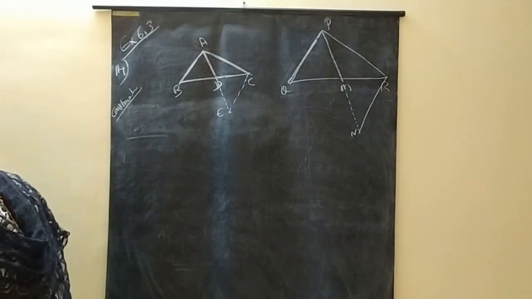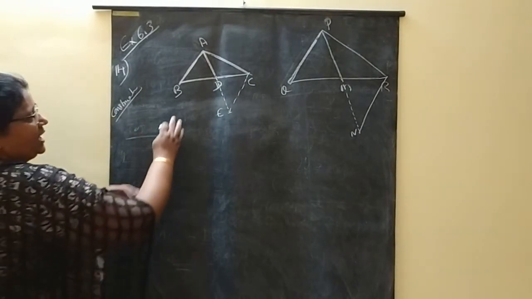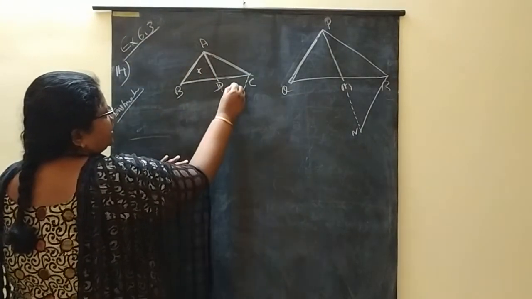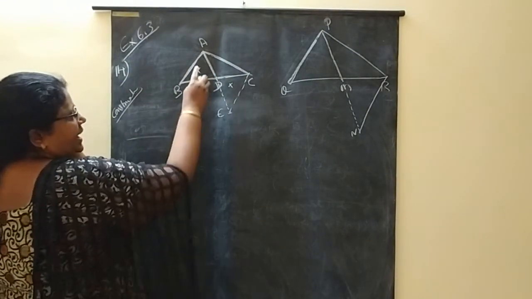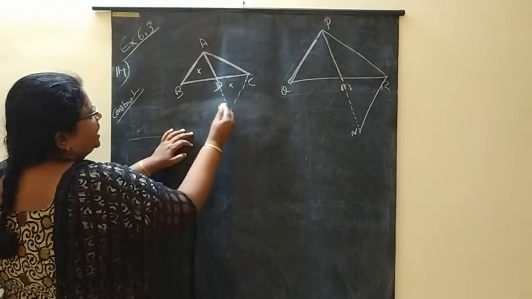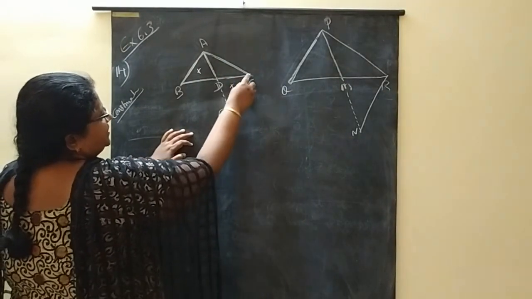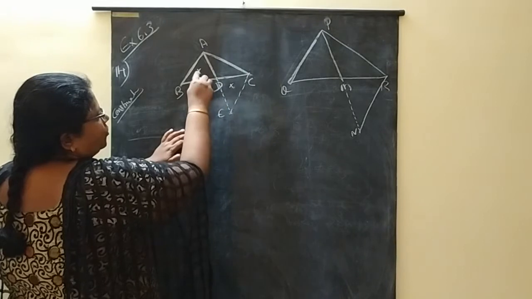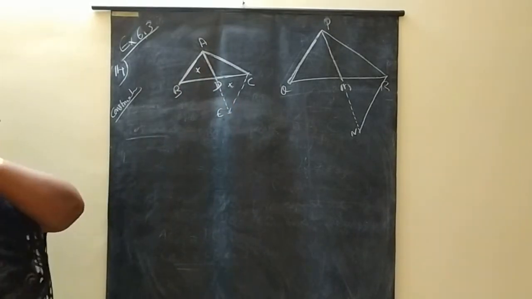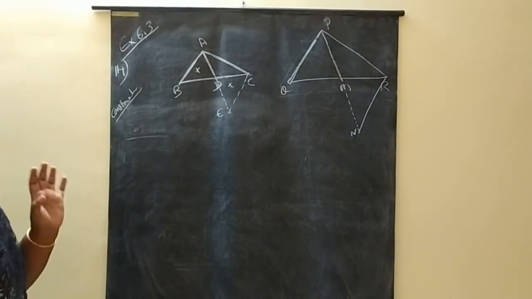This is the construction. Now, we are taking these two triangles first, triangle ADB and triangle EDC. These two we are going to prove congruent. Not similar, congruent.